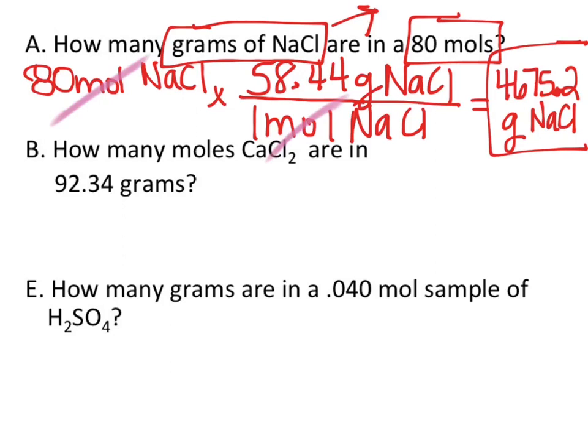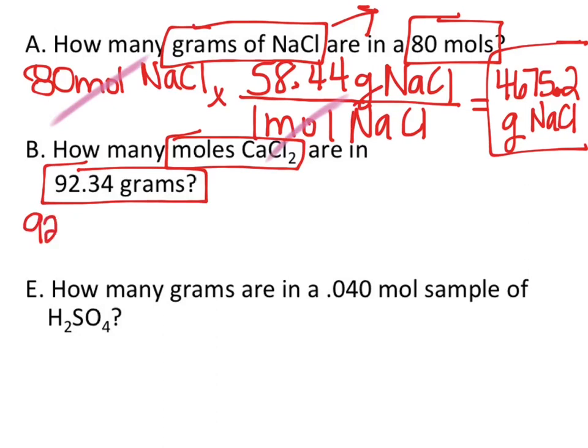All right, let's do another problem. How many moles of CaCl2 are in 92.34 grams? So we had 92.34 grams and moles. So we start with what we know. 92.34 grams.